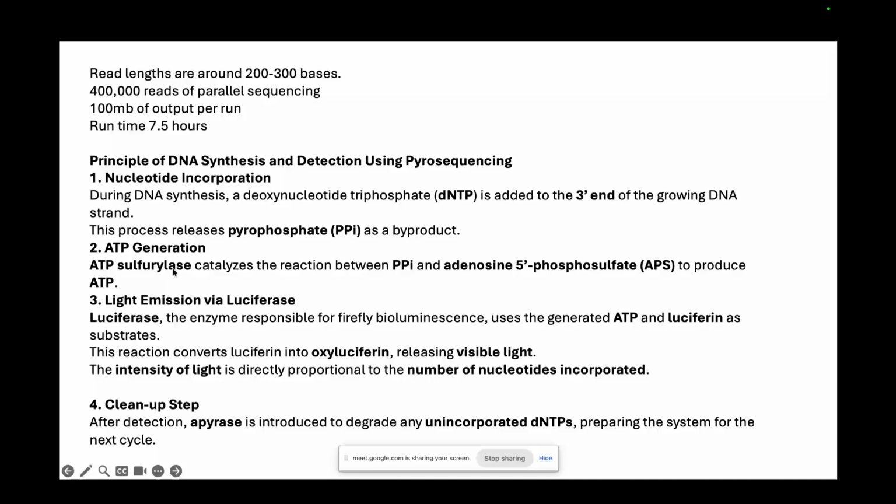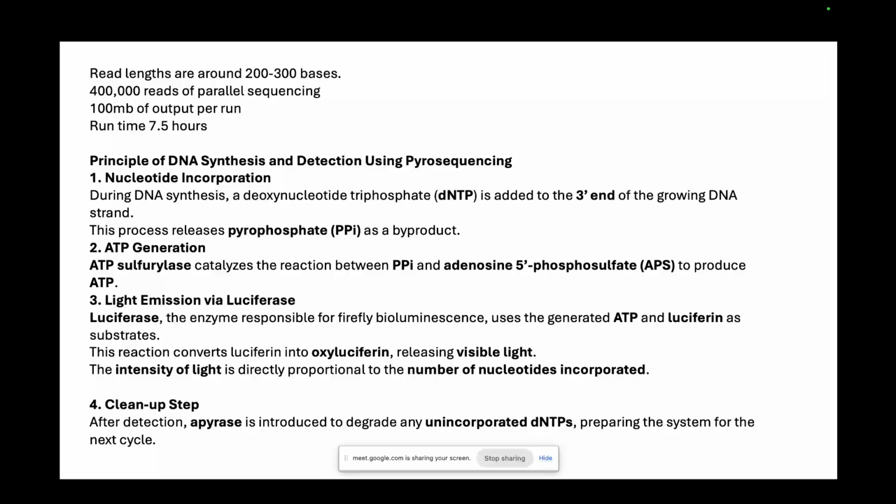ATP sulfurylase will catalyze the reaction between this pyrophosphate and the adenosine phosphosulfate, the APS, which is in the solution as well. So the pyrophosphate (PPi) and the APS react with each other, catalyzed by the ATP sulfurylase, which produces ATP.